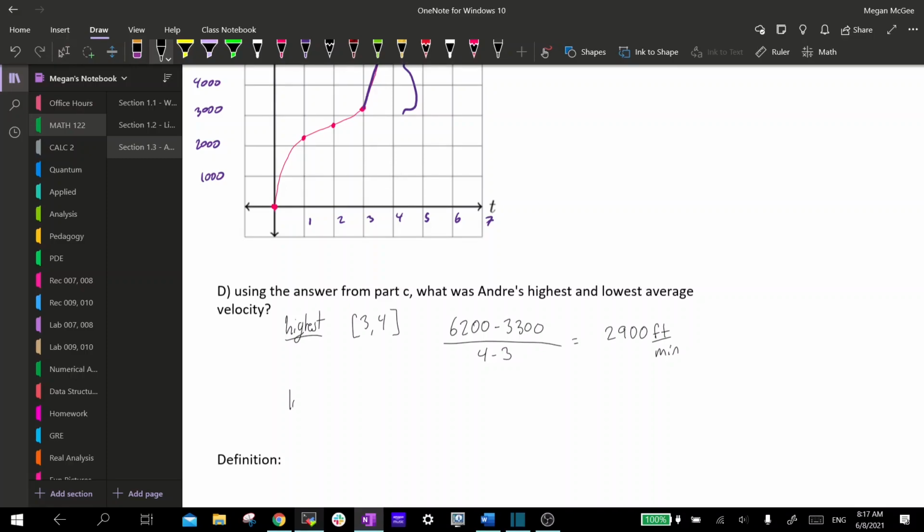Okay, and the lowest was between minutes 6 and 7, where we have 7,300 minus 7,200 over 7 minus 6. And so we just get 100 feet per minute. So at his fastest, he was going 2,900 feet per minute, and at his slowest, he's going 100 feet per minute.